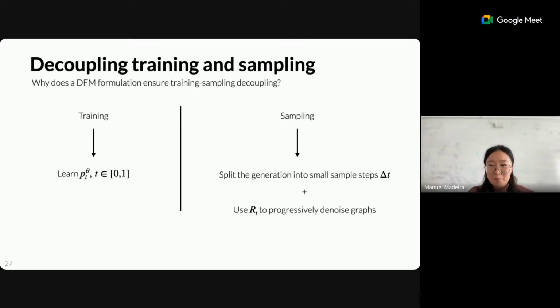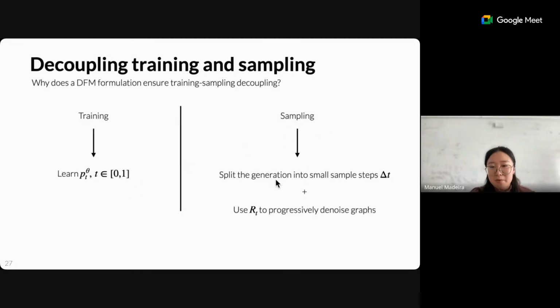However, for our model, the cool part is that its training and sampling process, as mentioned by Manuel before, are highly independent. So we could actually recall the training and sampling process of DeFog. In training, what we are actually doing is to sample T from a distribution from 0 to 1. And then we optimize this model by learning the cross entropy by predicting the clean graph distribution given the noisy graph distribution.